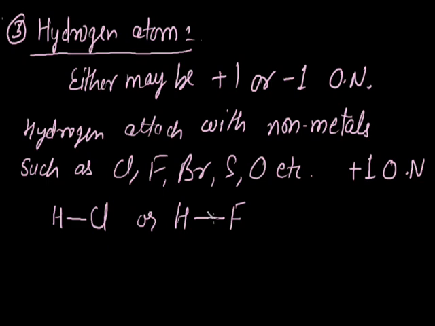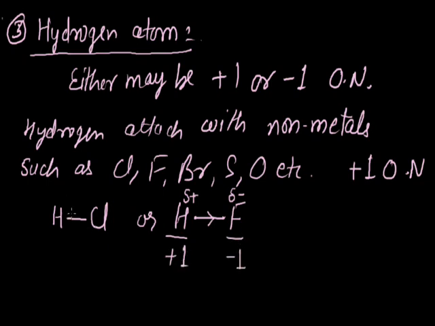In this case, fluorine has higher electronegativity than hydrogen, so it attracts the bond pair of electrons strongly, so it acquires a partial negative charge, and hydrogen acquires a partial positive charge. And we can't consider partial charge, we always consider full or complete charge. So according to this, hydrogen has +1 OS and fluorine has -1 OS.